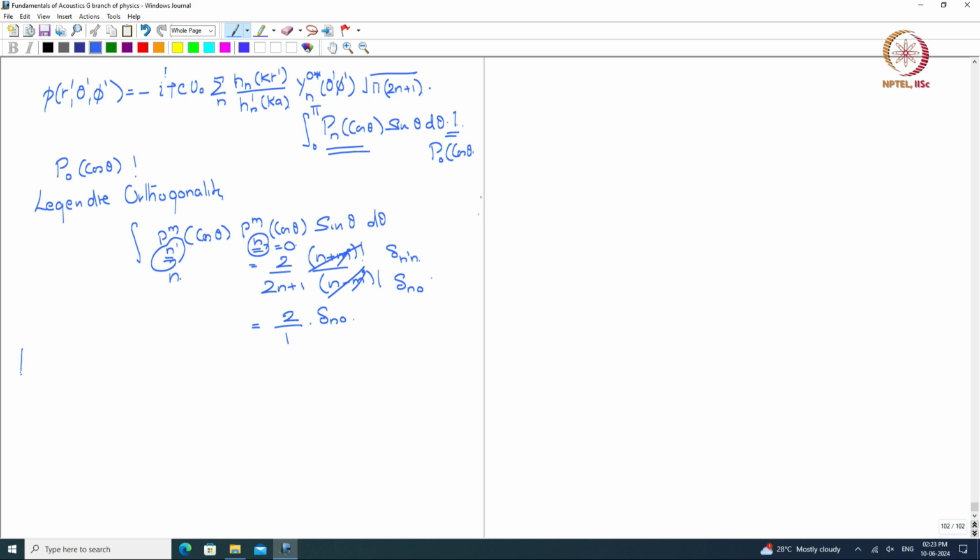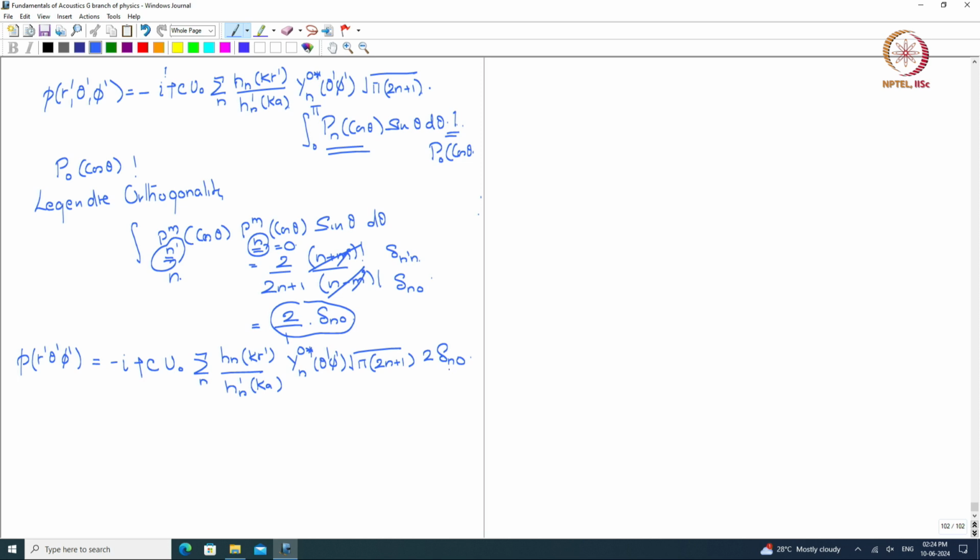I have, let me write this again, P at r dash theta dash phi dash equals minus i rho c u0 summation over n Hankel n of k r dash by Hankel n dash of k a, then Y0 conjugate n theta dash phi dash, then root pi 2n plus 1, and this thing is twice delta n 0, okay.